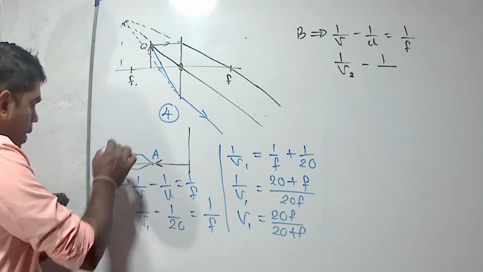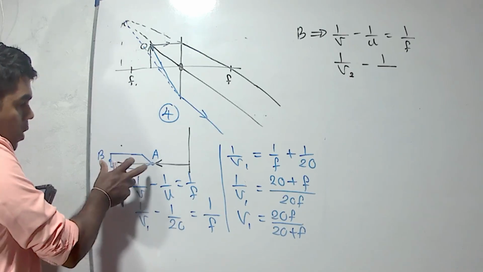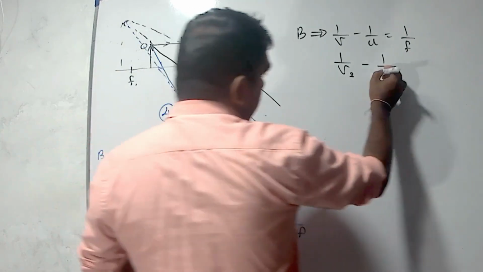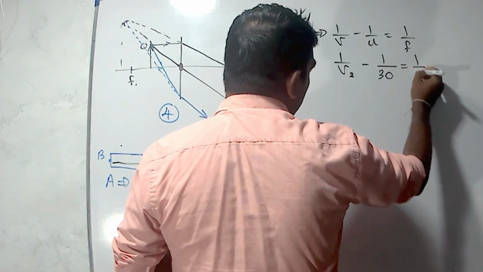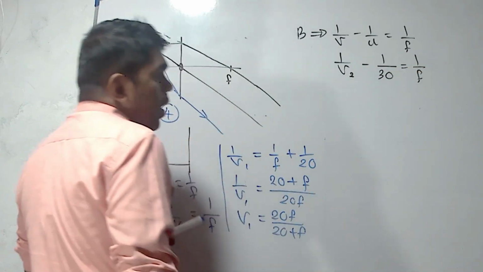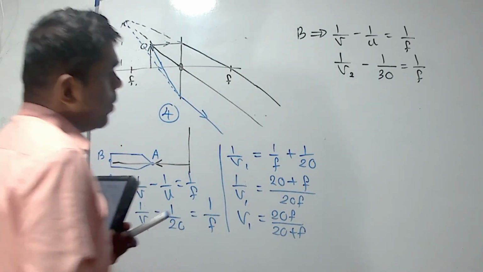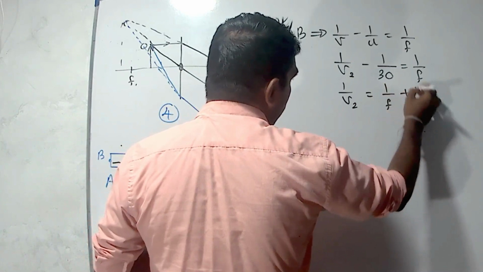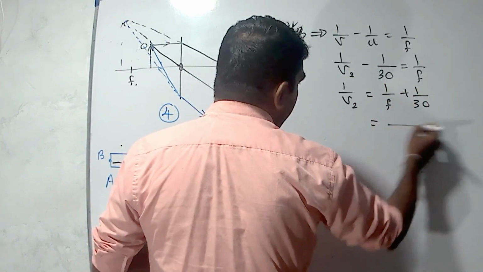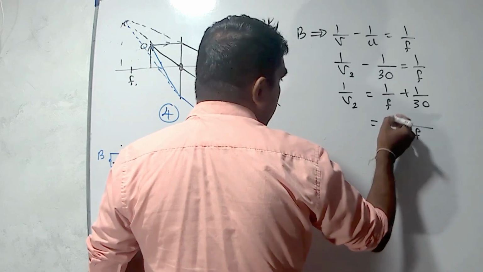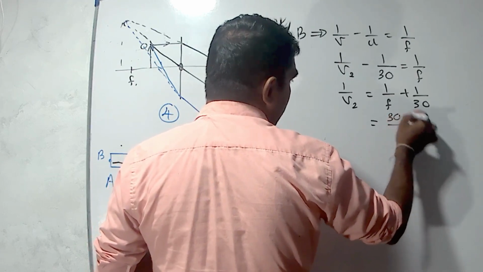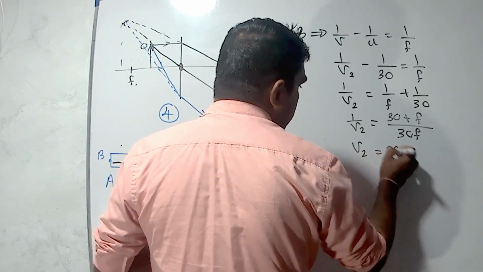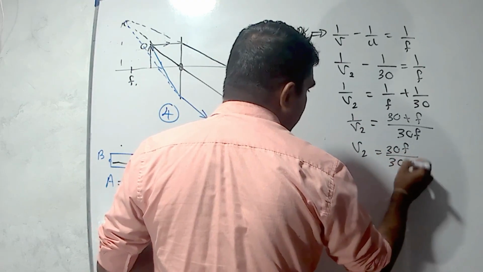Therefore, point B should be 30 centimeters because the length of the pencil is 10 centimeters. 1 over F. Again, I will make V2 the subject. 1 over V2 equals 1 over F plus 1 over 30. LCM 30F, 30 plus F. Then V2 equals 30F divided by 30 plus F.